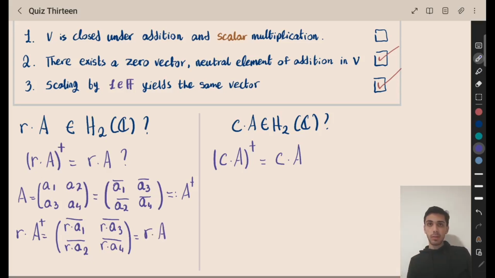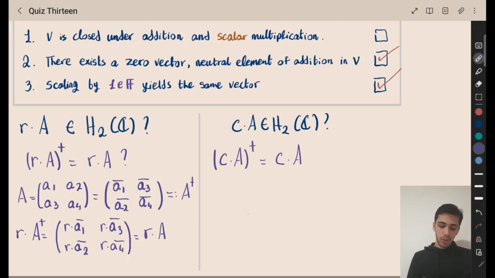And the answer is yes, if you're wondering, because R is a real number. So it does not take part in the conjugation process. It is not involved in any capacity.